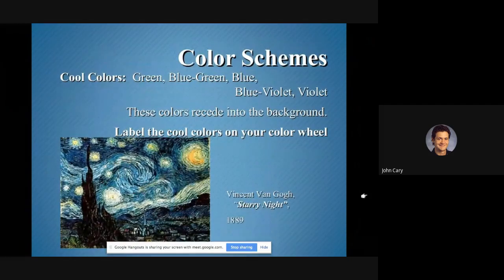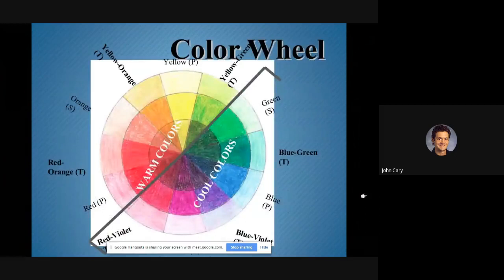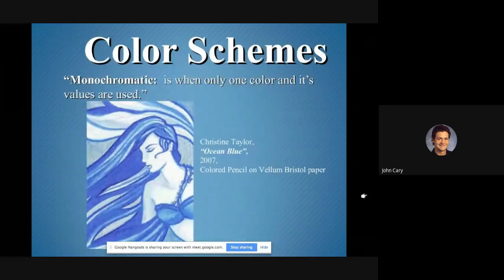Color schemes. A scheme is a plan. What kind of color plan do you have? This looks like a middle school drawing. Colored pencil on bristle board or bristle paper. Monochromatic. Mono means one. Chroma means color.